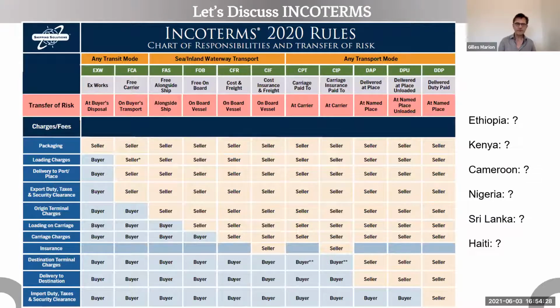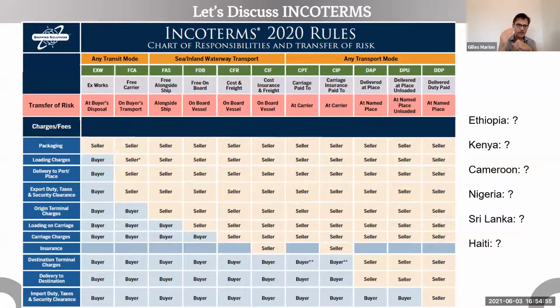So basically, if you look at this table, which is the summary of all the Incoterms, this is showing you all the steps that the product is following. If you look at the blue column on the left of the table, you have all the steps that the product goes through once it has been produced.